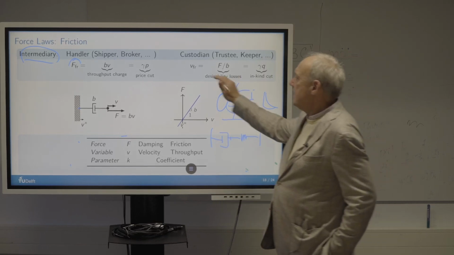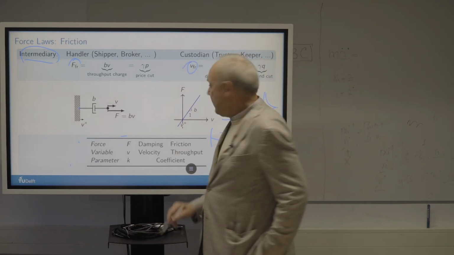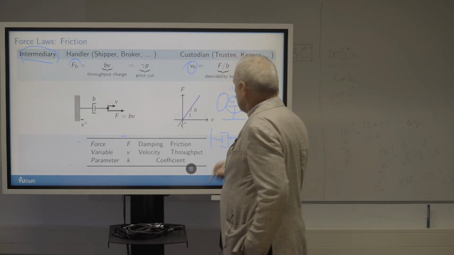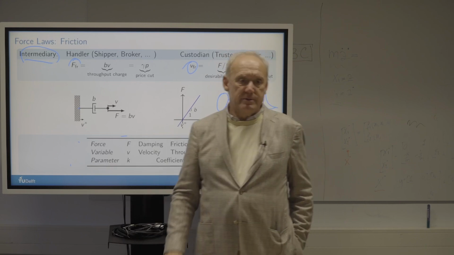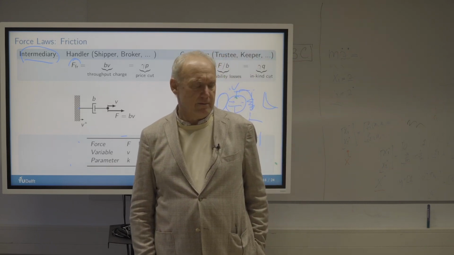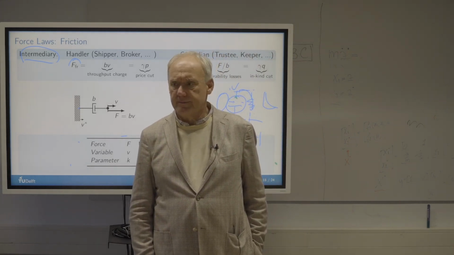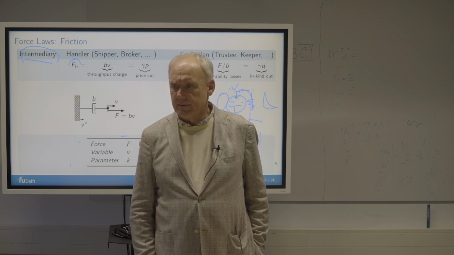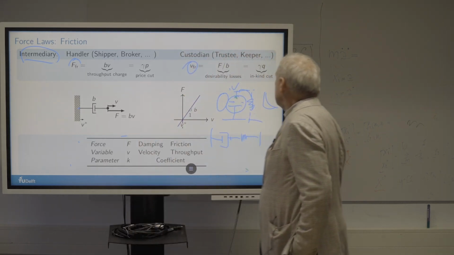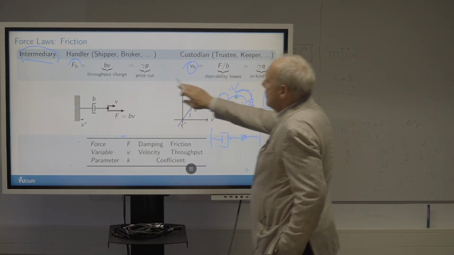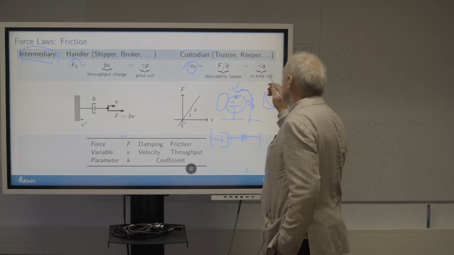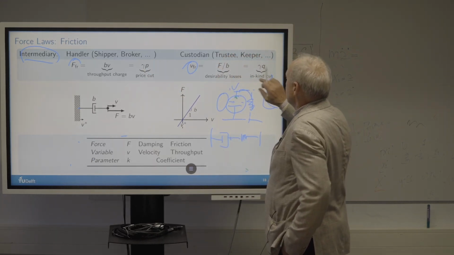And the flow through this damper is the amount of goods you're losing. You can write it like this, that's more compared to that. So it's also sort of a cut, but it's what we call in-kind.